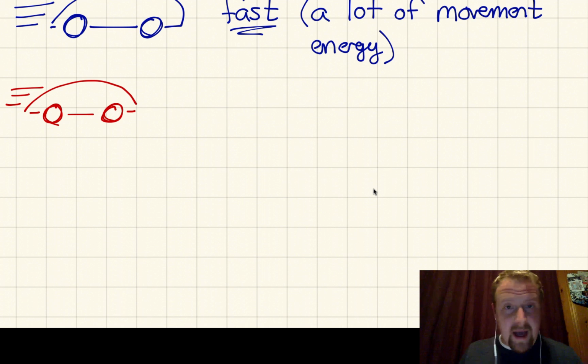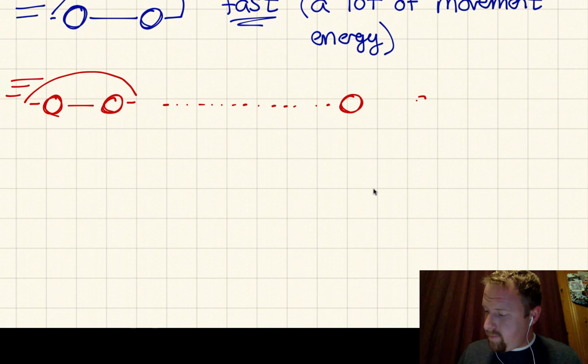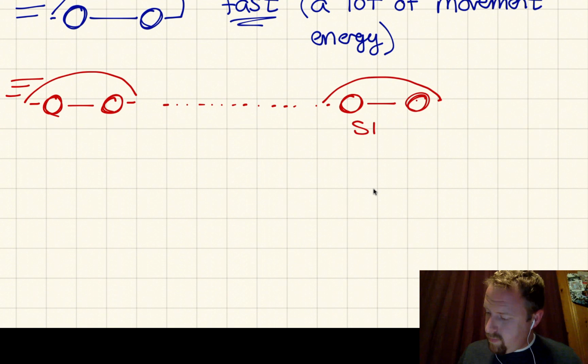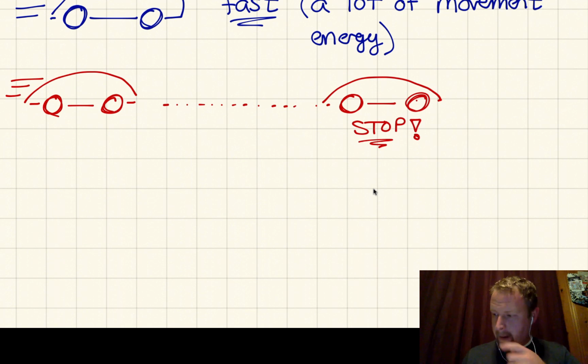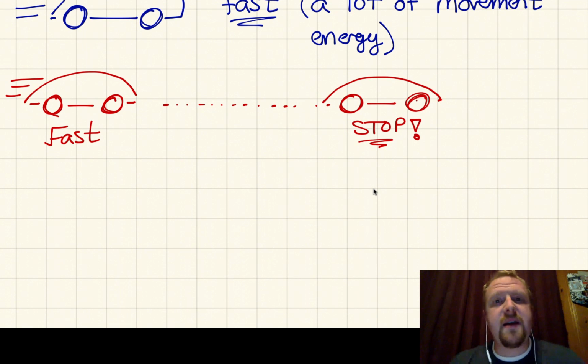So if an object starts out going really fast, but then slows down and comes to a stop, we would see that its kinetic energy would change.